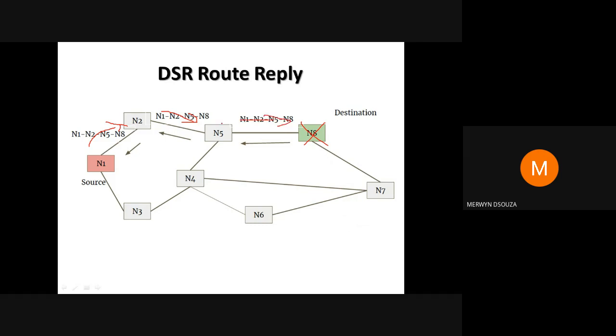If one of these neighbors, for example N5, senses that this node is no longer present and has moved away, then it will reply to the source. It knows who the source is because it is getting the packet. The thing to be remembered is that whenever the source sends a packet, once it knows the route to the destination, the DSR algorithm will mention the entire route in that packet.